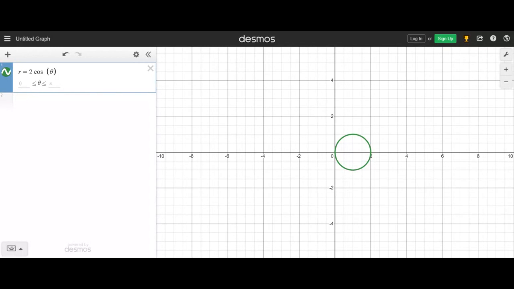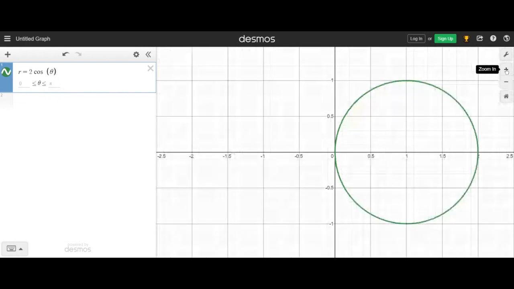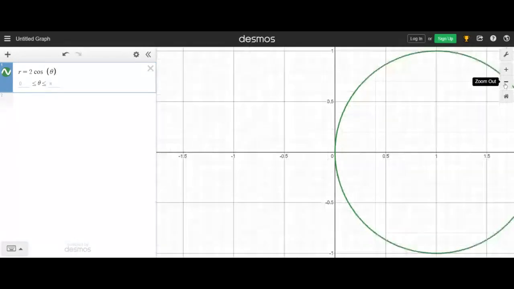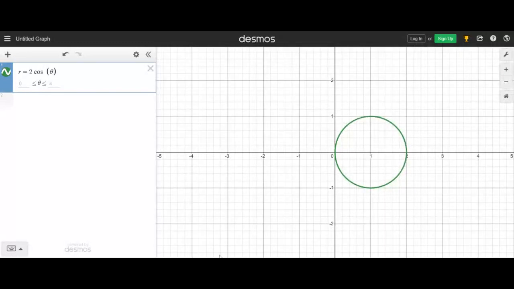So on the left there, you have r equals 2 cosine theta. How many are seeing Desmos okay? Give me a thumbs up if you're seeing that on the left. Okay, thank you, Clea. Of course, you can adjust the picture. So you see, you get the polar graph.